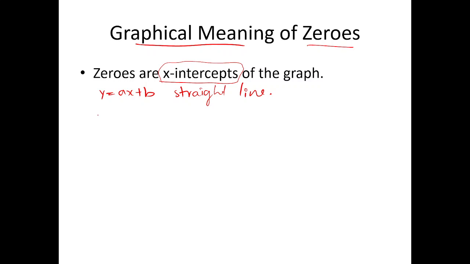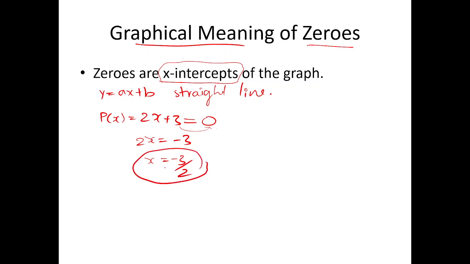So here, if I take an example as 2x plus 3, it is a linear polynomial, right? If you need to find the zeros of this polynomial, it means the value of this becomes 0. Then only the value of x is said to be a zero of the polynomial. So by solving this, we get 2x equal to minus 3, because I am sending this 3 to the RHS, it becomes minus 3, and x equal to minus 3 by 2.